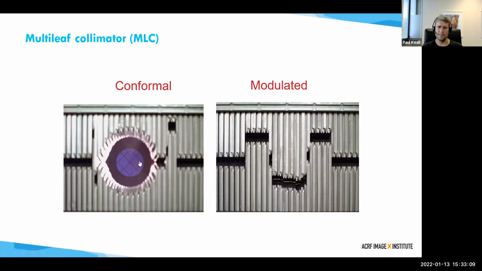Where the tungsten is not blocking the radiation, the X-ray beams will obviously pass through, and where the tungsten blocks, it absorbs about 98.5% of the radiation.